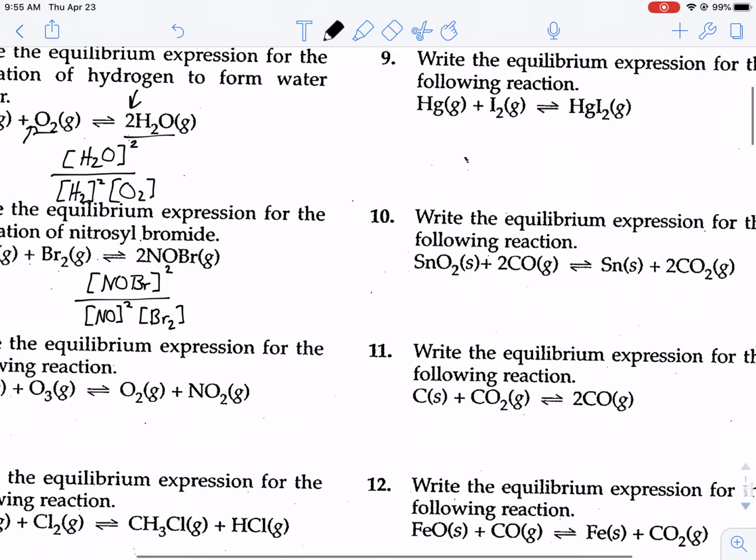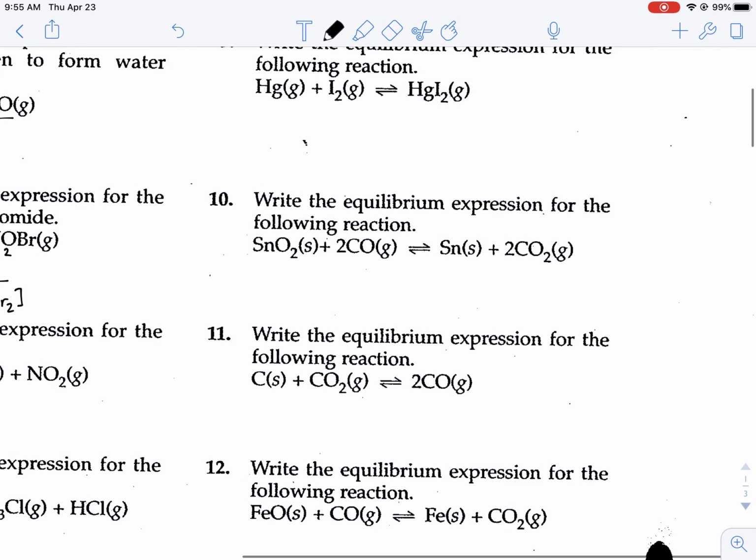Let's jump over and look at one that maybe isn't a homogeneous equation, where we have different types of compounds. For example, look at number 10. Notice that tin oxide is a solid and tin is also a solid. Therefore, they are not going to be found in the equilibrium expression.